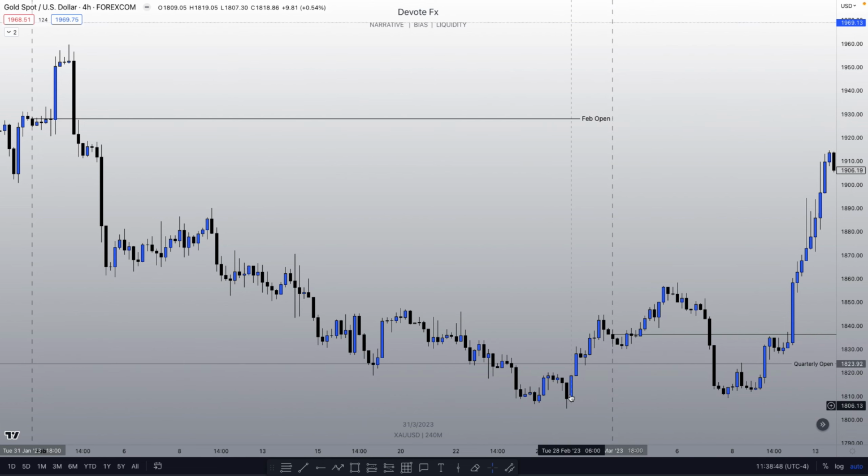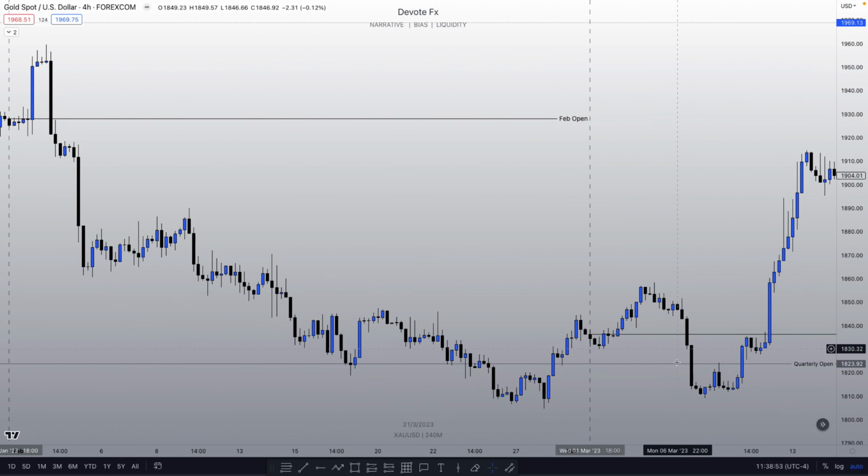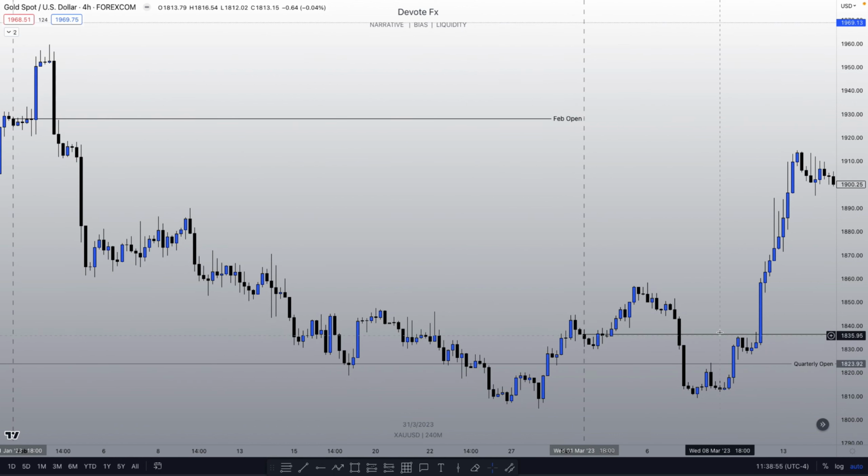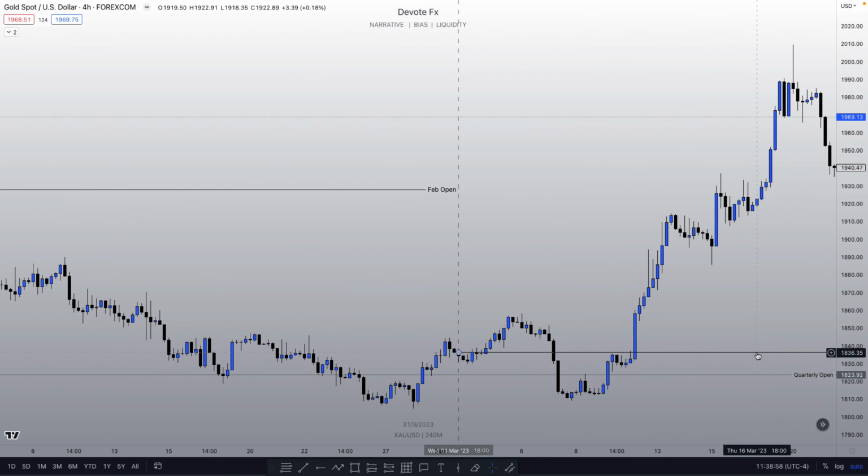Stop hunt to end the month, start the up move. Monthly open, taking out existing month low, below monthly opening price. No entry offered here.